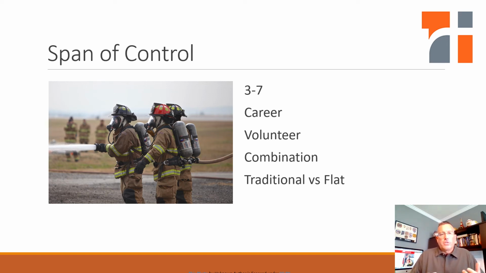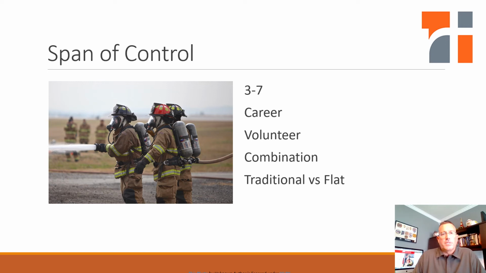One of the other factors that we take into account when we're talking about span of control is the span of control may be a little bit different in a career department than it is in a volunteer department. And then a combination department, we're all over the place there. But generally speaking, 3 to 7 is where we land when we're talking about span of control in the fire service. So in our organizational chart, it needs to reflect that.